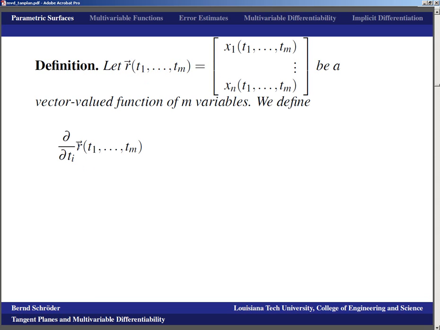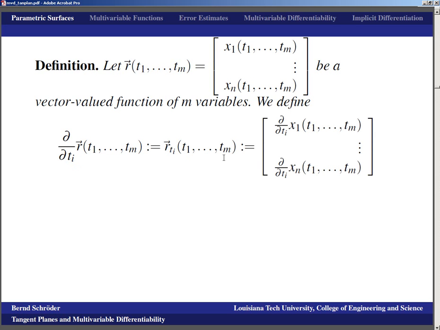And so the derivative of this vector-valued function r of t1 through tm with respect to its ith input variable ti is nothing but the partial derivative of the first component with respect to ti, the partial derivative of the second component with respect to ti, all the way through the partial derivative of the nth component with respect to ti.